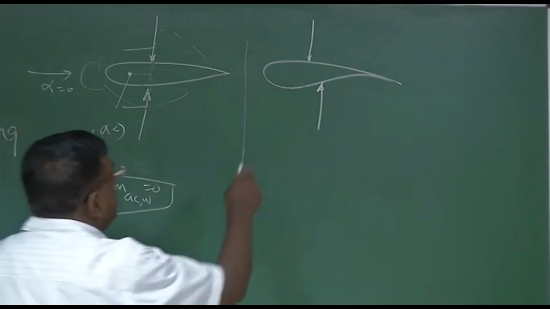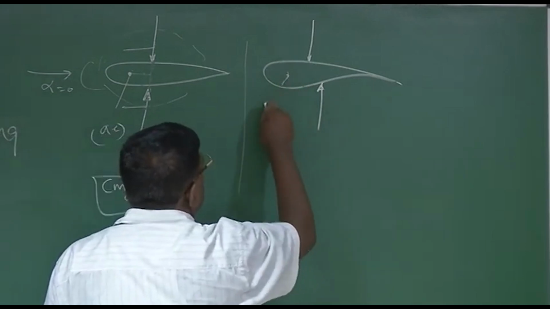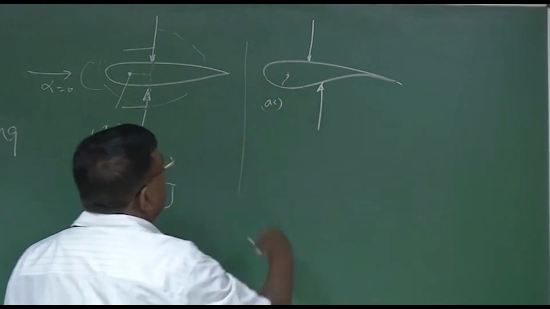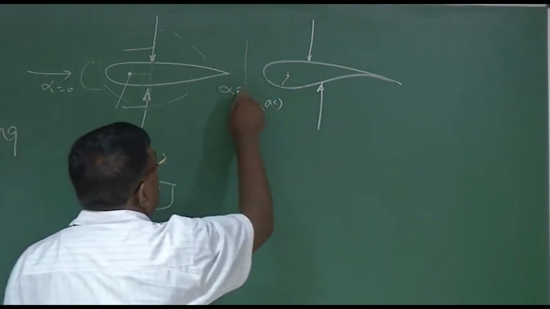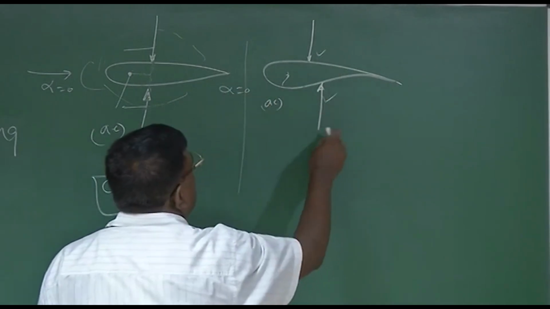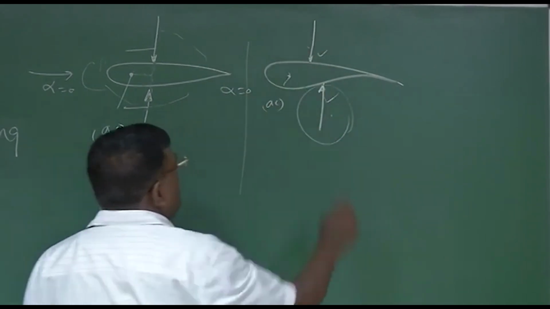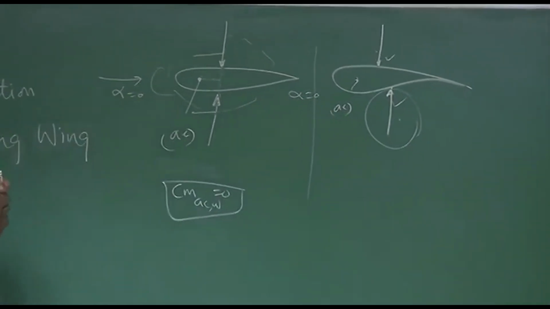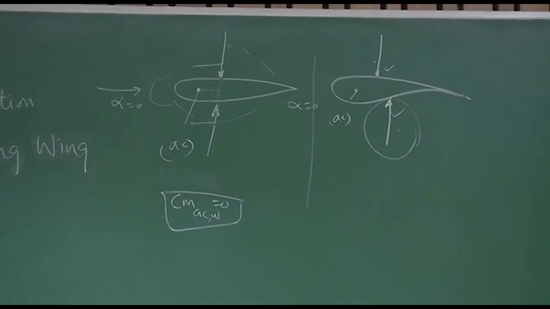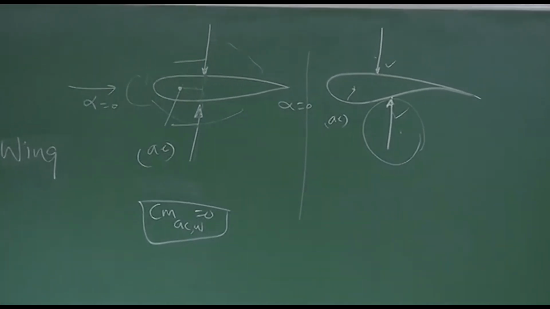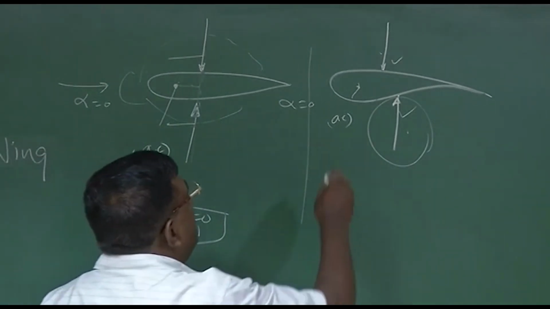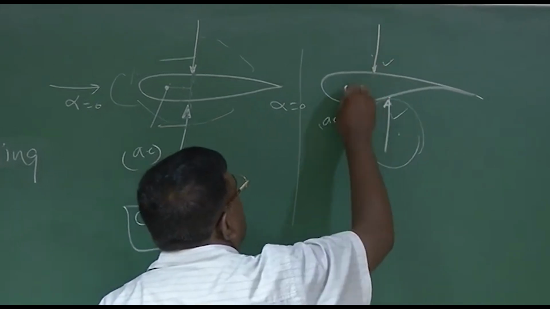So when I transfer this to the AC, you can very well see at alpha equal to 0, since these two magnitudes are not the same, in fact this is more than this magnitude, there is a positive lift at alpha equal to 0.